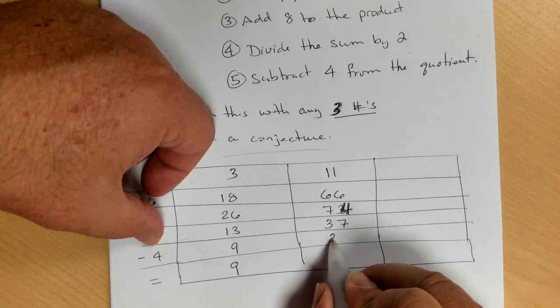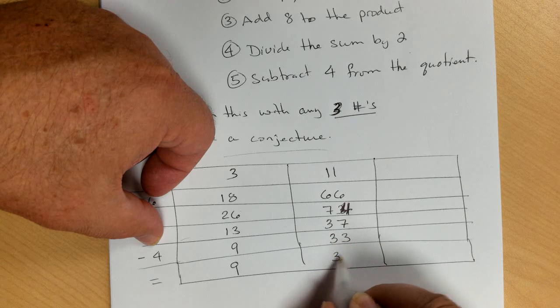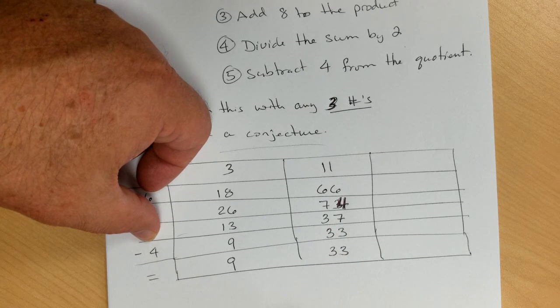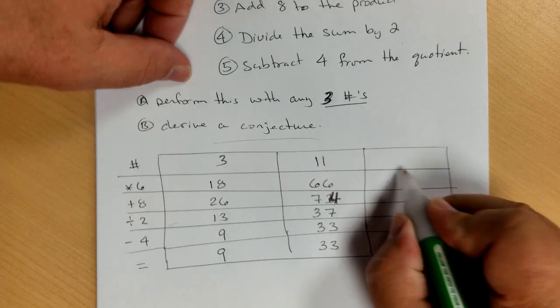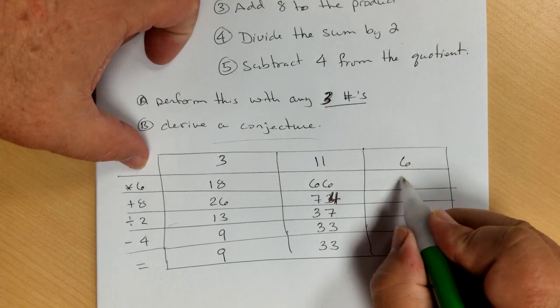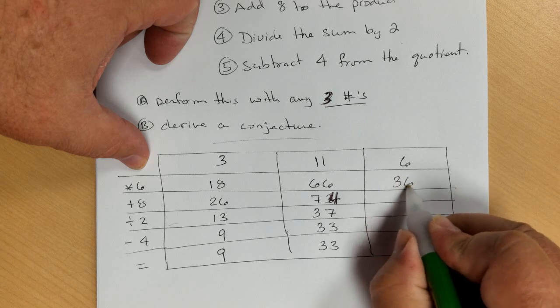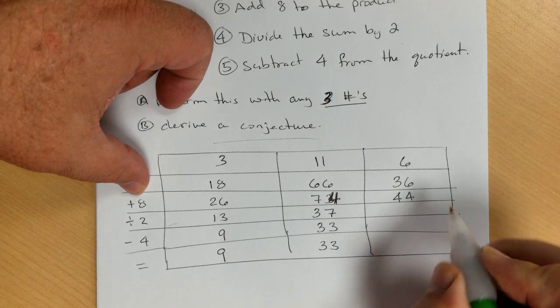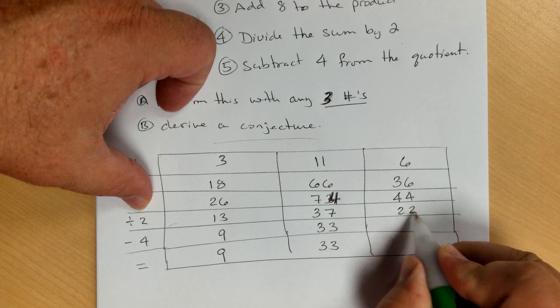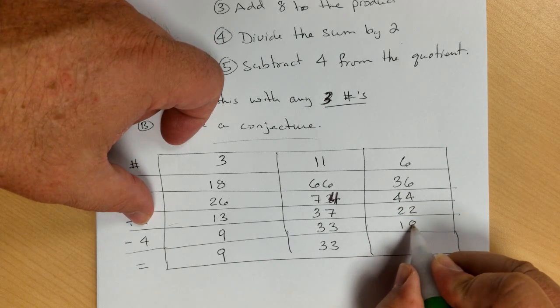Subtract 4. Another number. 6. 6 times 6 is, plus 8, divided by 2, minus 4.